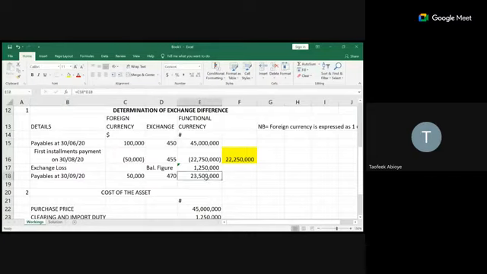Because as at 30th June, as of November, when we made that payment, they gave us the exchange rate. So there's no need to pass any journal, because all the journals we are passing are at our accounting year end, which is 30th September. It is when we enter the new year that we do that.